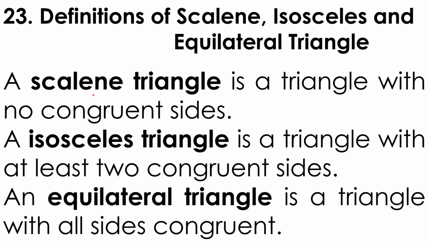So in scalene, the measurements of the sides of the triangle are different, and in isosceles, two sides of a triangle have the same measurement, while an equilateral triangle has a measurement that is equal on all three sides.